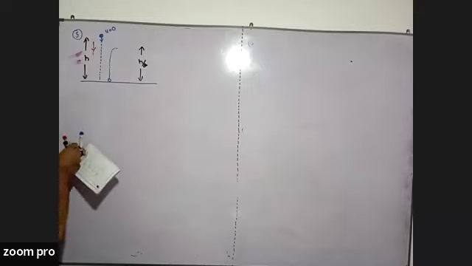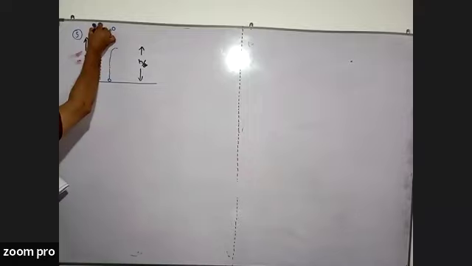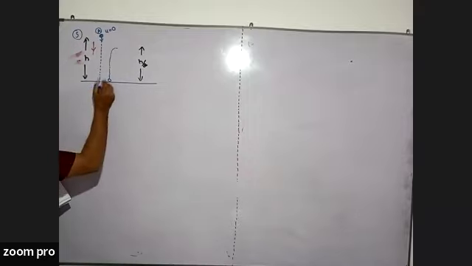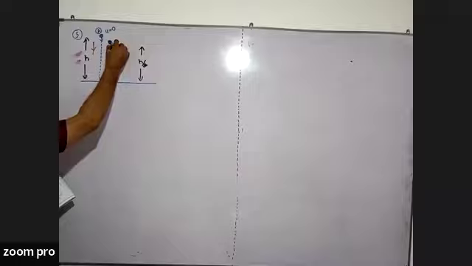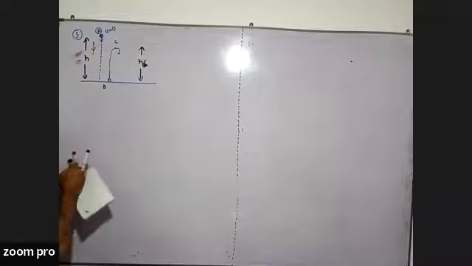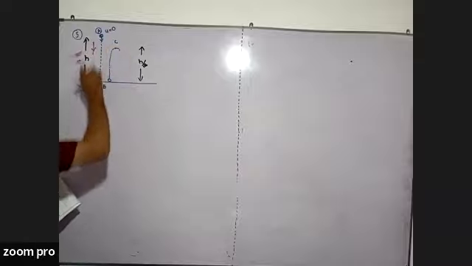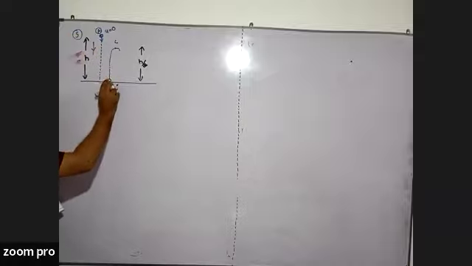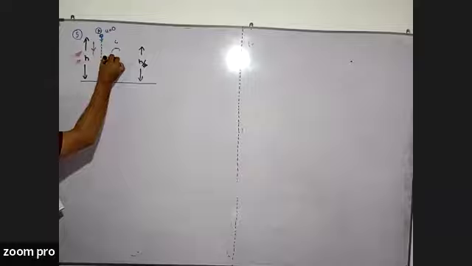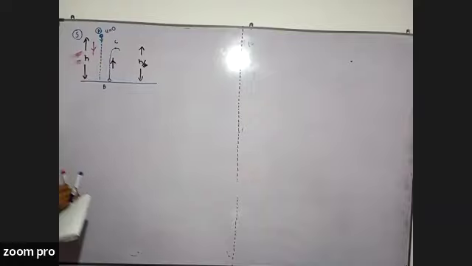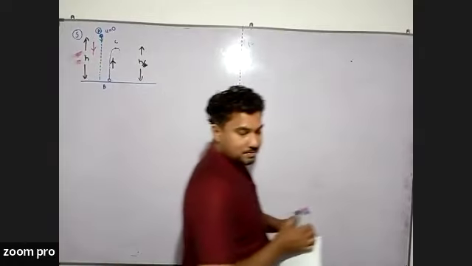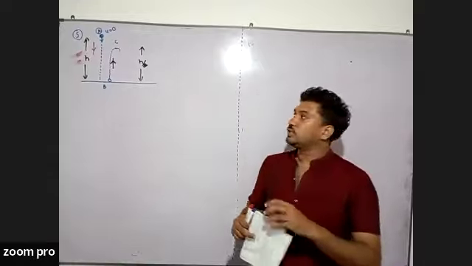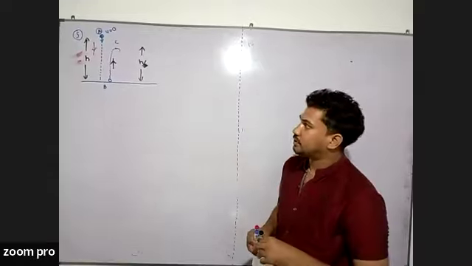Call this point A, this one B, and this C. From A to B, the velocity is directed downward, but when it moves upward, the velocity is directed vertically upward. There are some things you need to know to obtain the answer for this question.